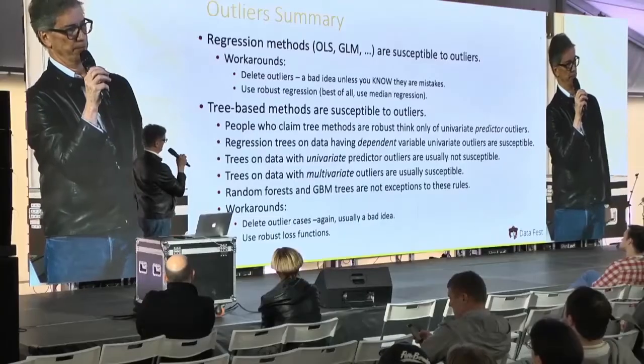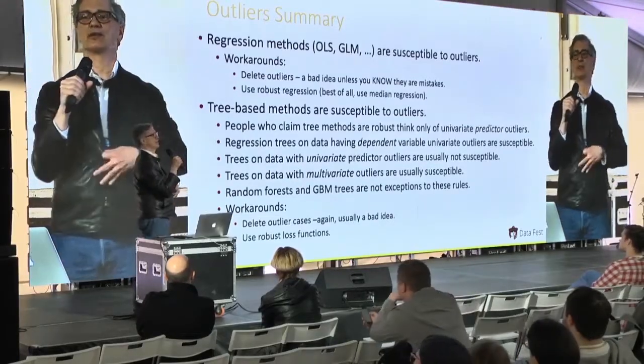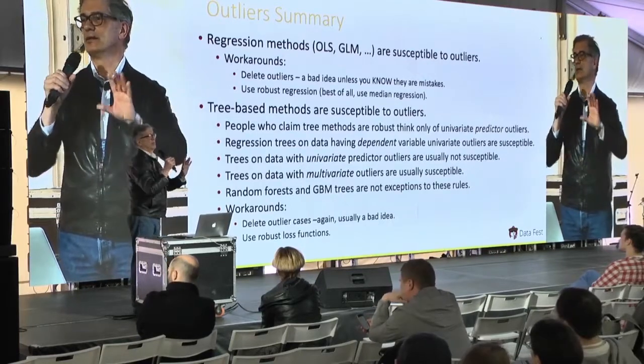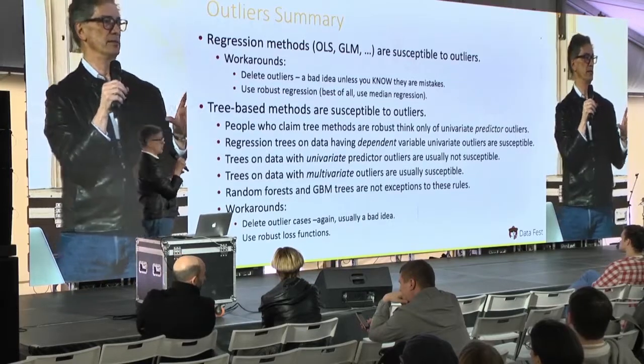And so if you have an outlier on one of those predictor variables, the tree's going to split it off and put it as a singleton branch, and we'll trap it that way. But if you have a dependent variable that has outliers, forget it. It's going to be a mess. And that's true. It will be biased.